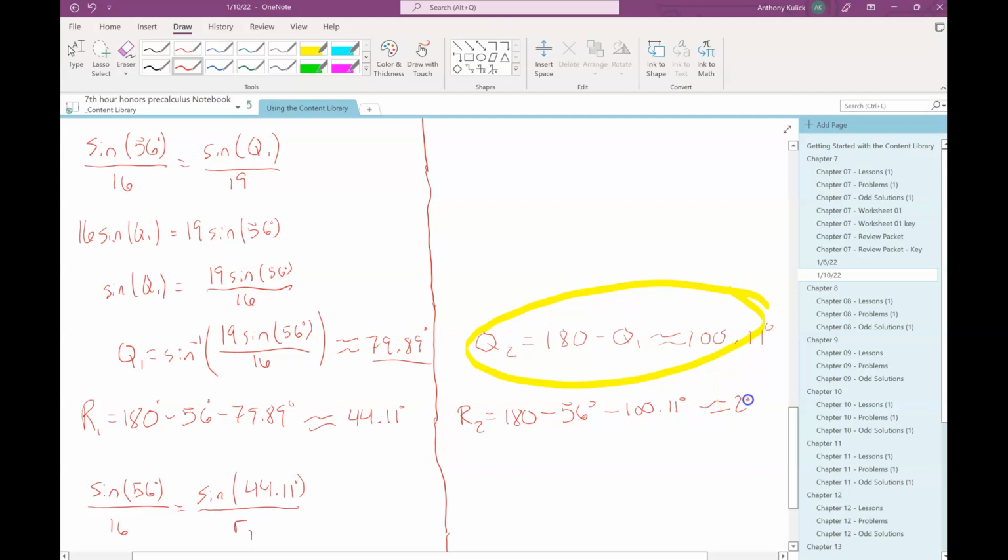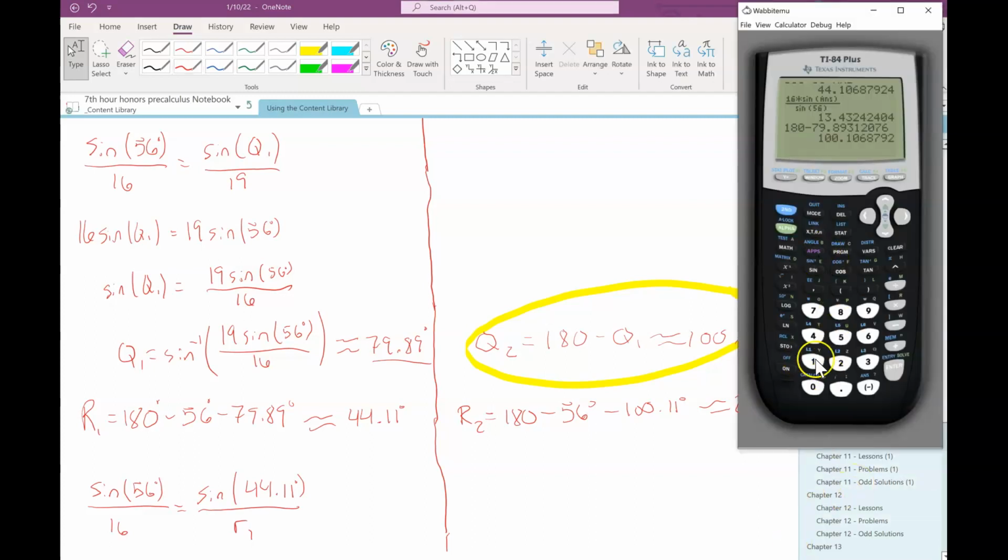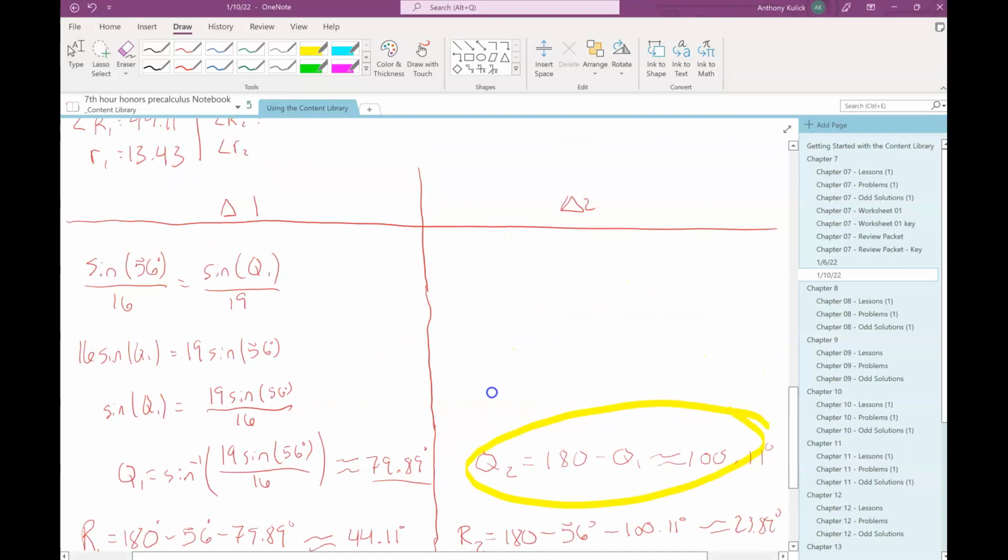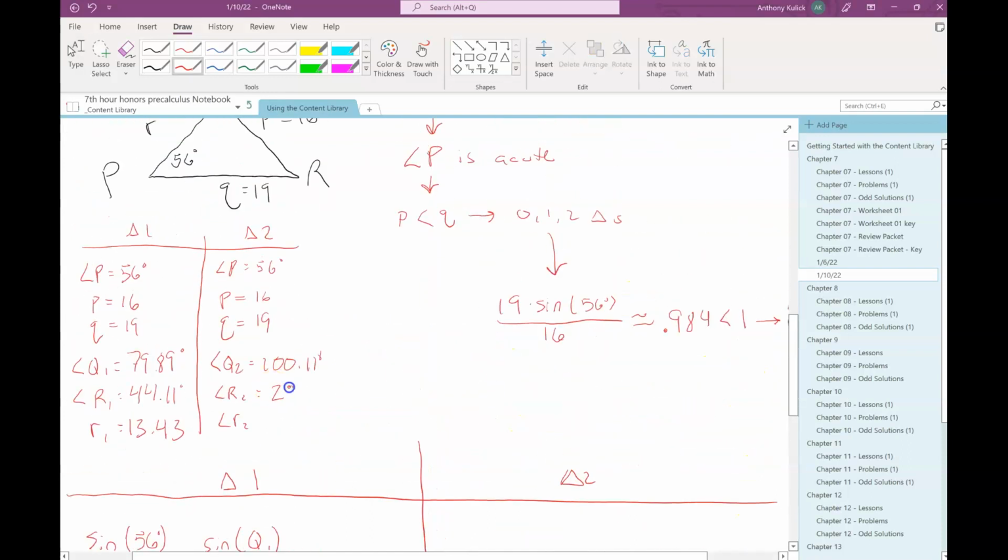So that's 2389. Let's do it here for real, just to be careful. Yep. So 2389.